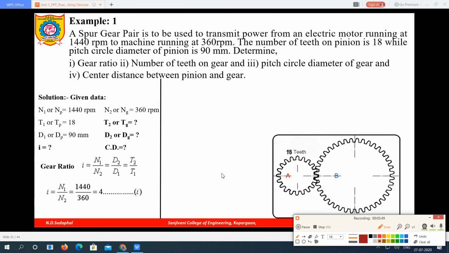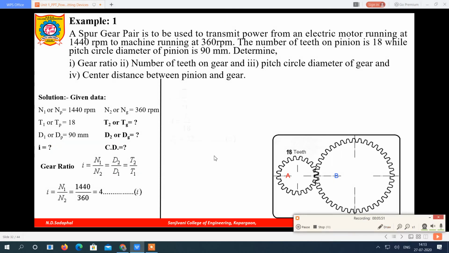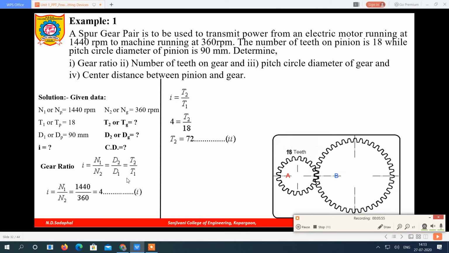So let's see. i equals T2 upon T1. i is calculated as 4, equal to T2, which we have to find, upon T1, given as 18. So T2 will be 72, 18 multiplied by 4 is 72. So 72 is the number of teeth on the gear.